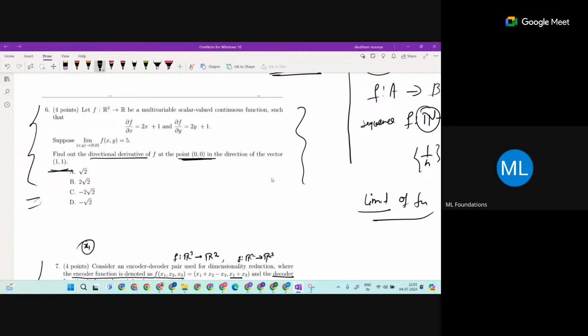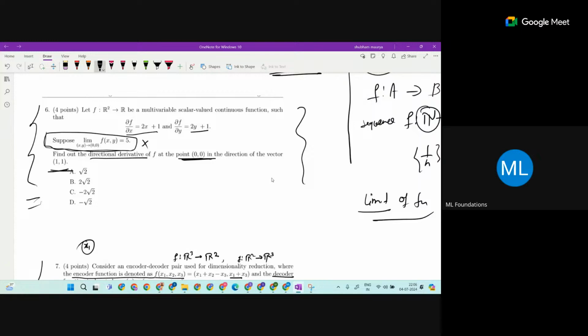In the directional derivative, do we need the function value? Why do we need that limit? Actually, there is no use of it, right? Because the derivative is given and the point is given, so we can directly put that point. Yes, there is no use of this.